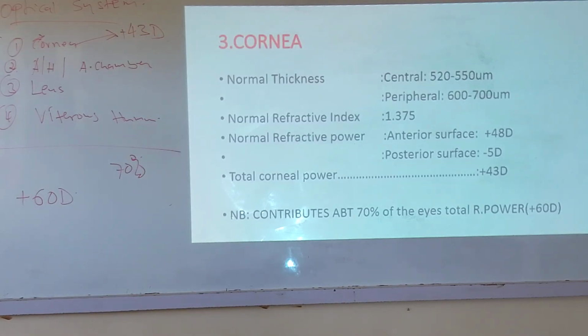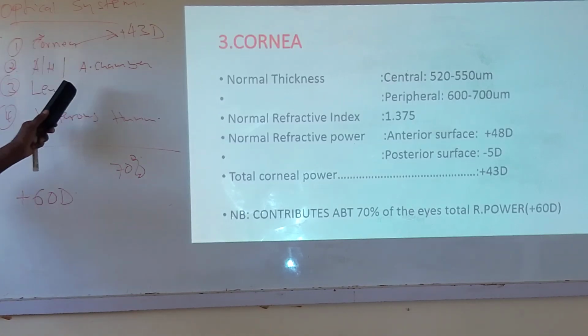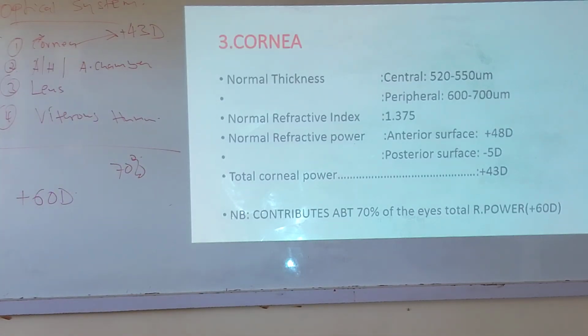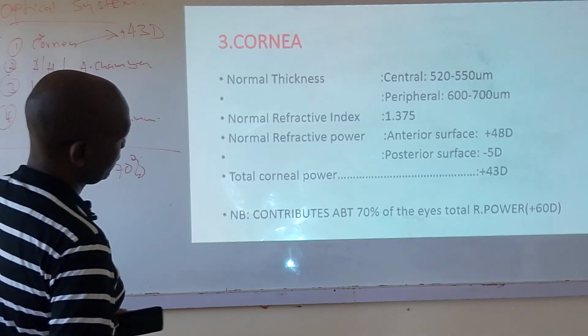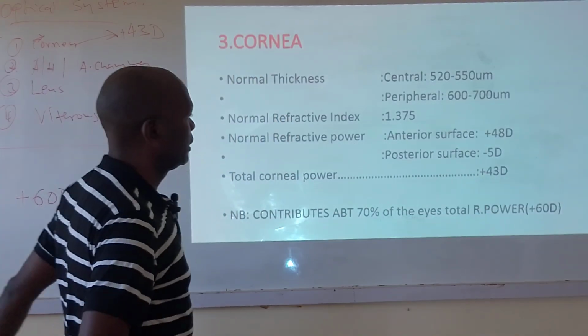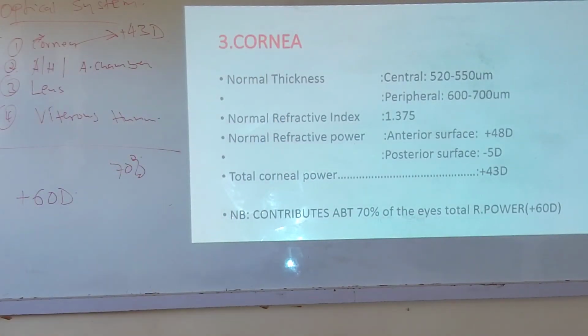So you can see it's a very important structure. Of all the optical system or the media, it contributes 43 diopters out of 60. So that's why we're saying the cornea contributes about 70% of the eye's total refractive power.